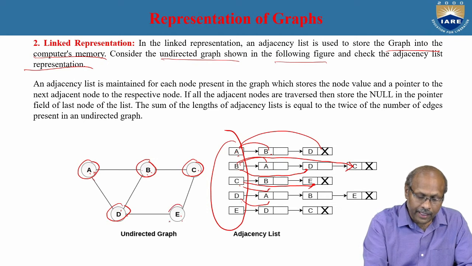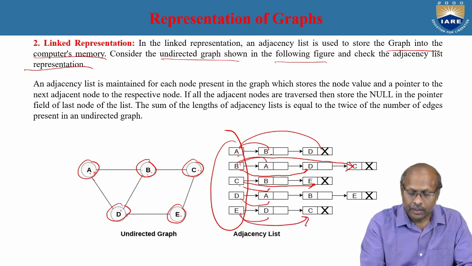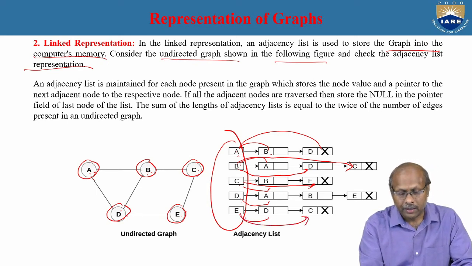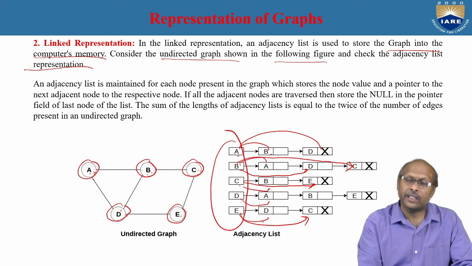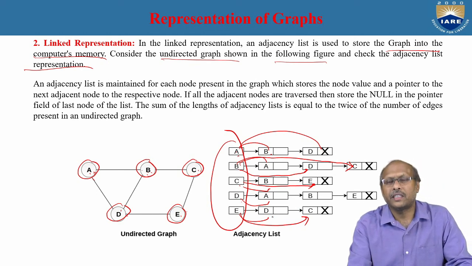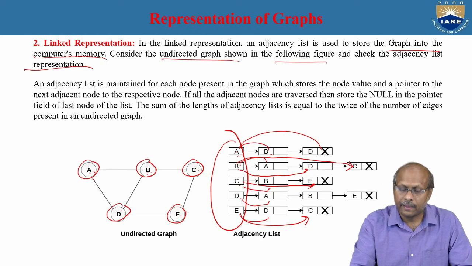Next, E is linked with C as well as E is linked with D. You may ask why not C, D. You can write E with C, D or D, C. Both are correct, these are just different ways of representing the graph.